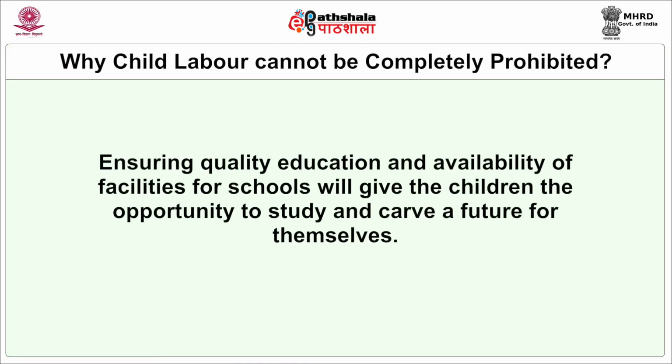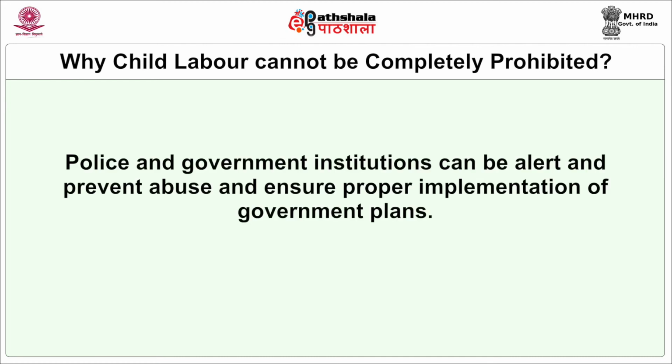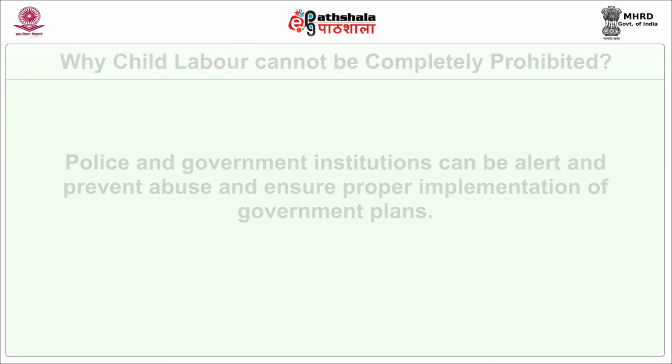Ensuring quality education and availability of facilities for schools will give the children the opportunity to study and carve a future for themselves. Police and government institutions can be alert and prevent abuse and ensure proper implementation of government plans.